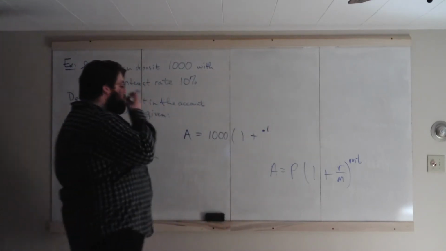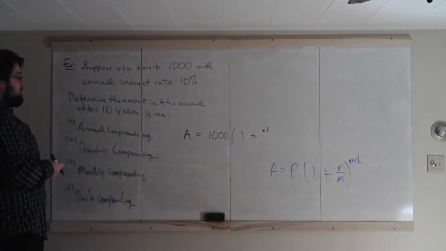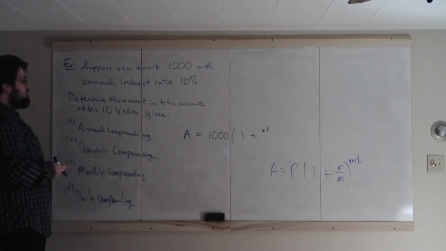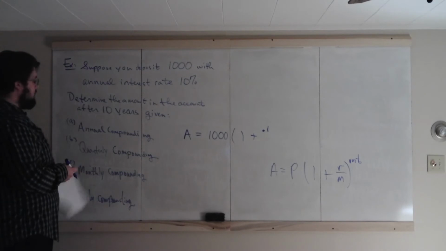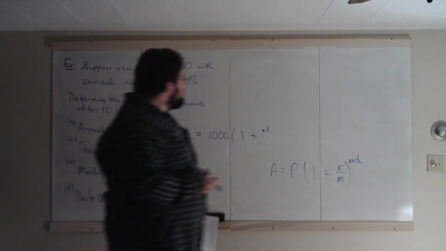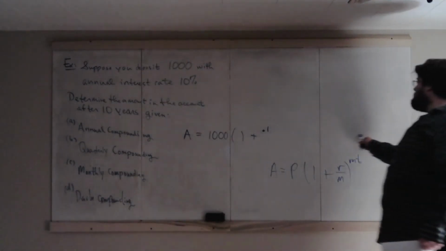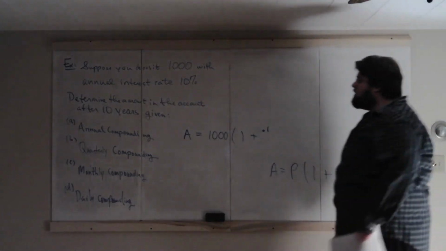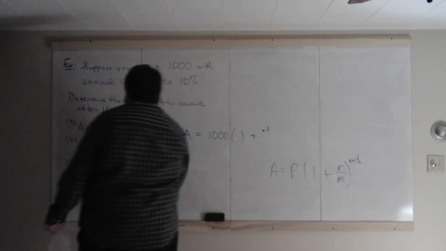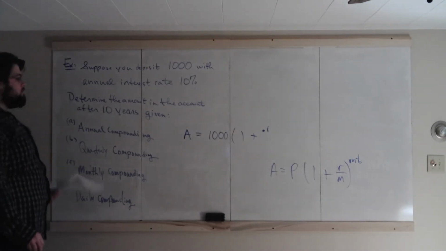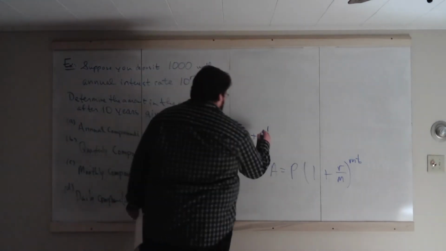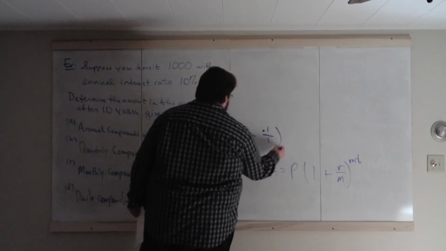10% is 0.1, divided by m. m is the number of compounding periods per year. How many compounding periods are there in 1 year with annual compounding? That's right, 1.